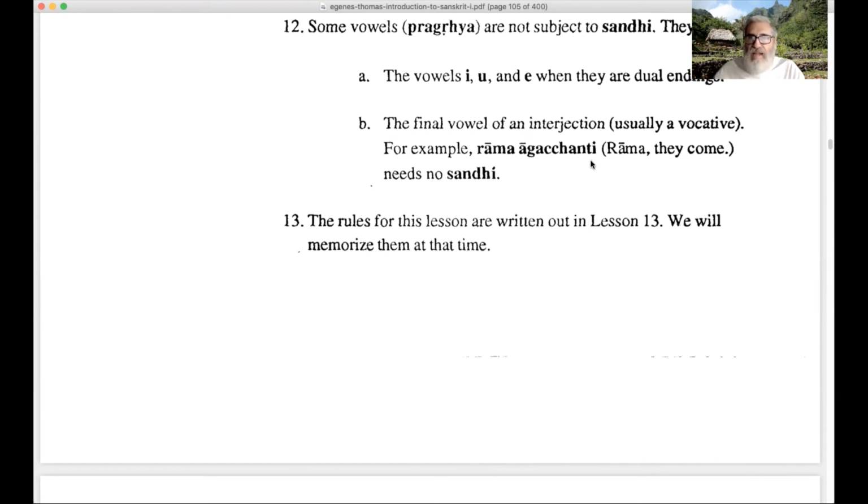There's no need for sandhi here. Although Rama ends in an A and agachanti begins with a long A, somebody might say, why don't we put these together? Short A and long A make a longer A. Why don't we just say Ramagachanti? No, the exception is there because Rama is vocative. Because Rama is vocative, we don't do that. So when it's an interjection, when it's vocative, don't use sandhi.